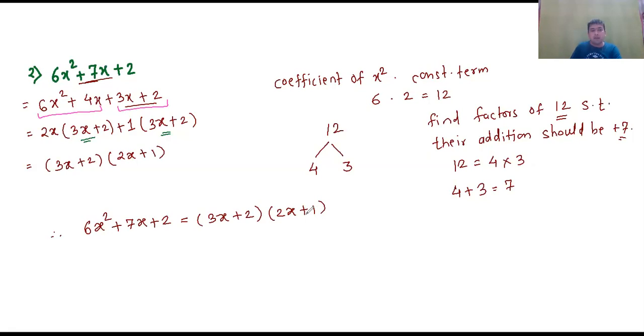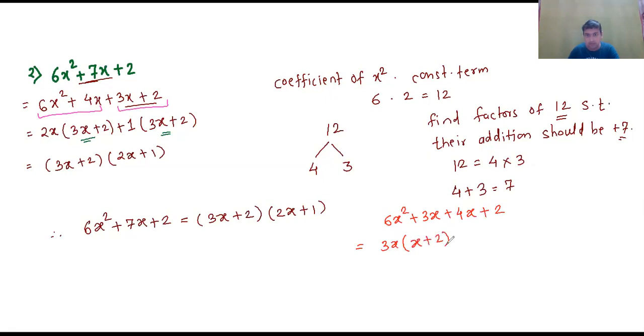Now suppose one of the students, instead of 4x first, has written 3x and then 4x. Whatever you write, you will end up with the same answer. Suppose 6x square plus 3x plus 4x plus 2. So I can take 3x common.